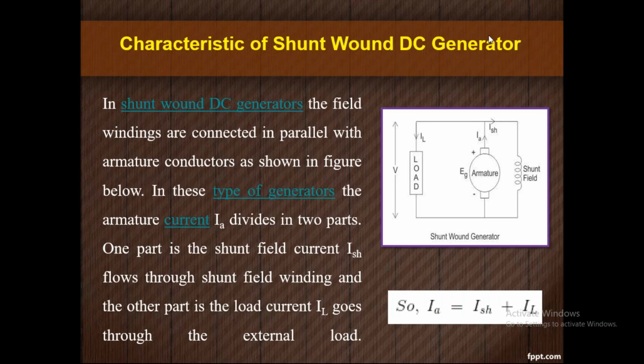So how can we draw the magnetization characteristics? In between which parameters? By using which parameters can we draw the magnetization characteristics?